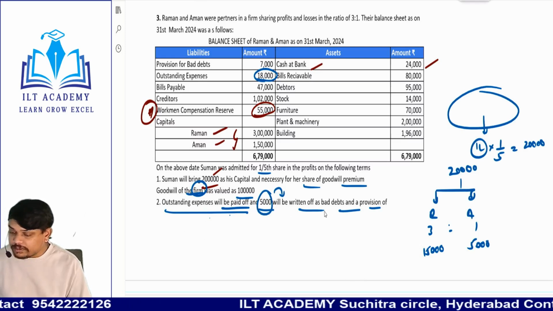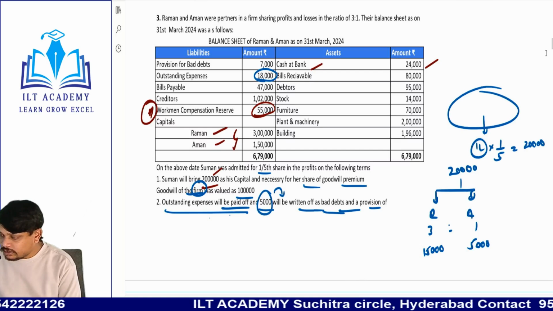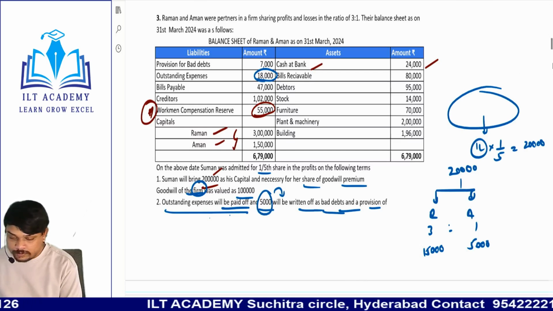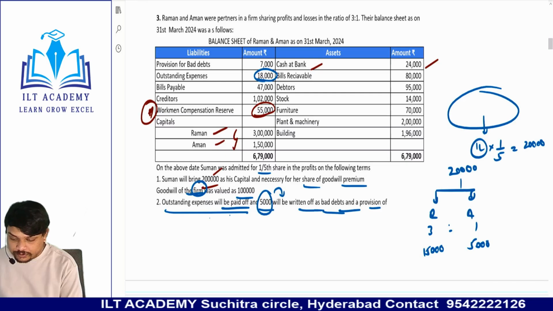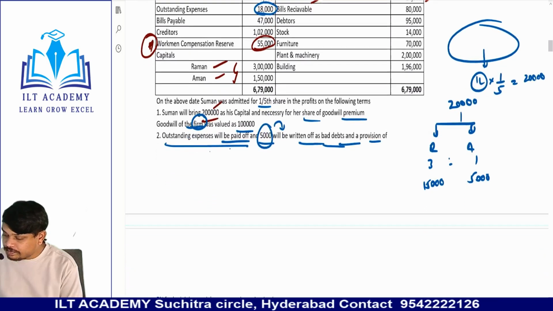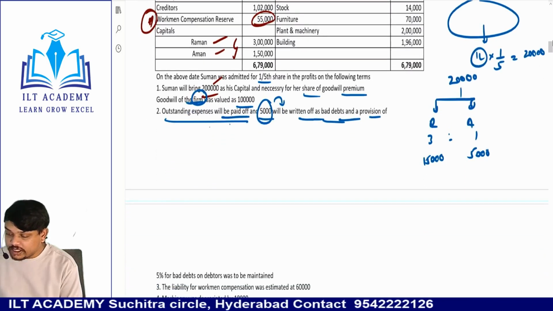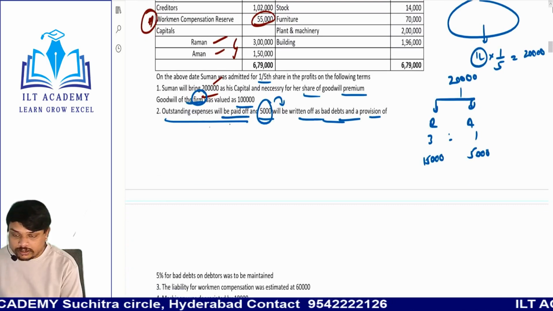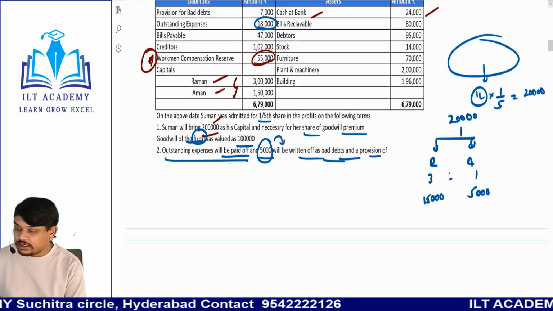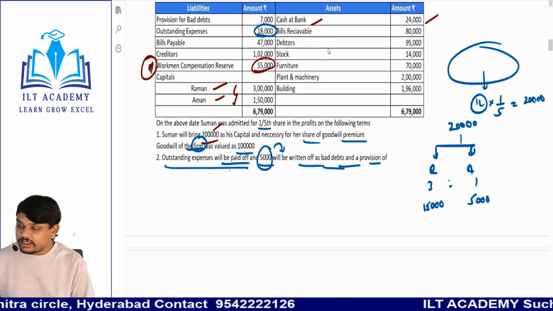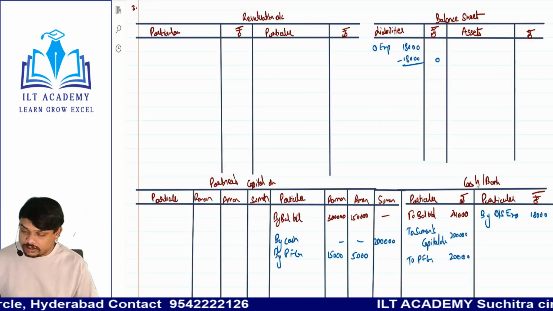5,000 will be written off as bad debts, and a provision of 5% on debtors was to be maintained. So let us see. The debtors value is 95,000.